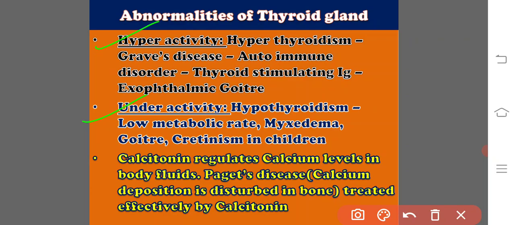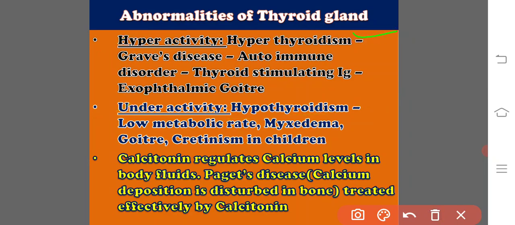The hyperactivity of thyroid cells leads to a condition known as hyperthyroidism, whereas the underactivity is called hypothyroidism. Hyper, more amount of thyroid hormone is released. Hypo, a deficient amount of thyroxine gets released.